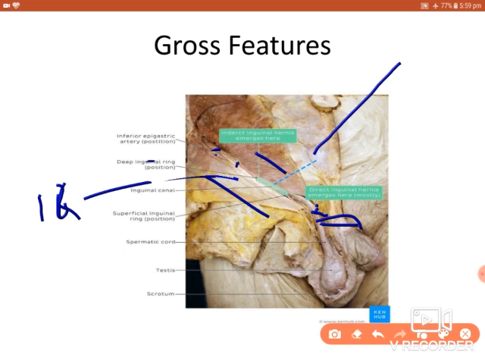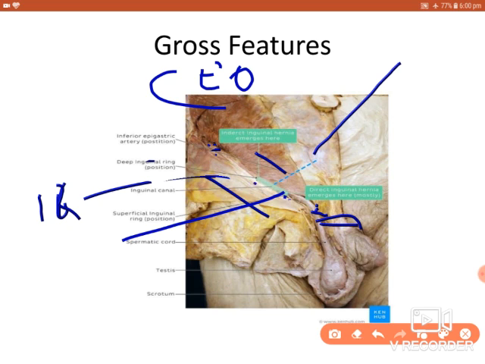It is a triangular opening of the aponeurosis of the external oblique muscle. The inguinal ligament is attached from the anterior superior iliac spine to the pubic tubercle. The midpoint is the mid-inguinal point.